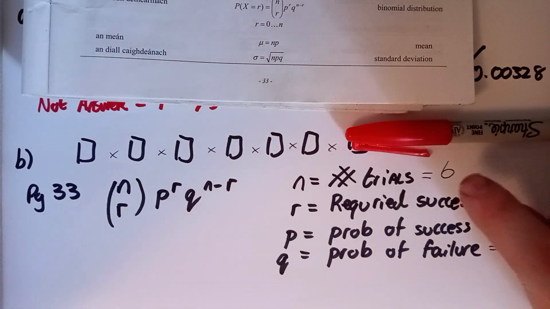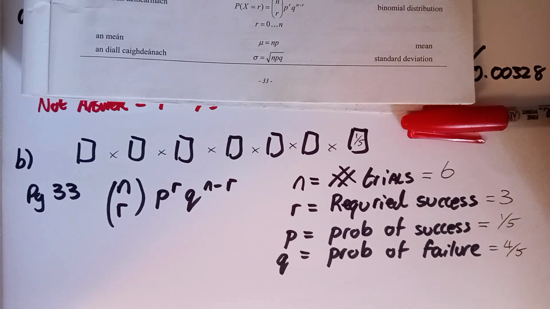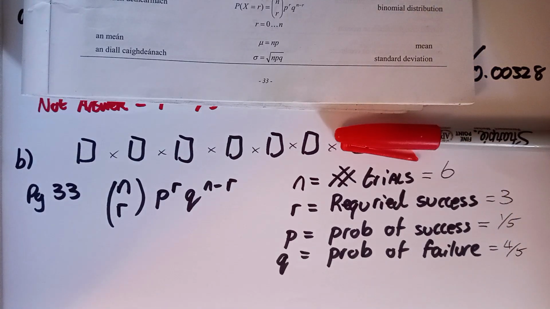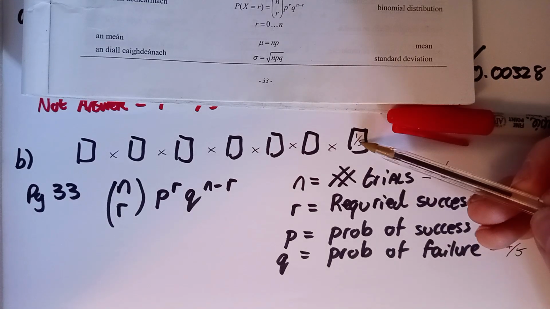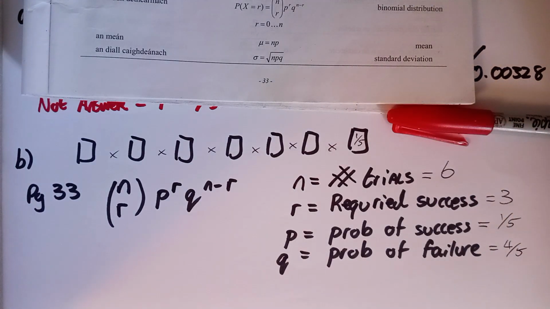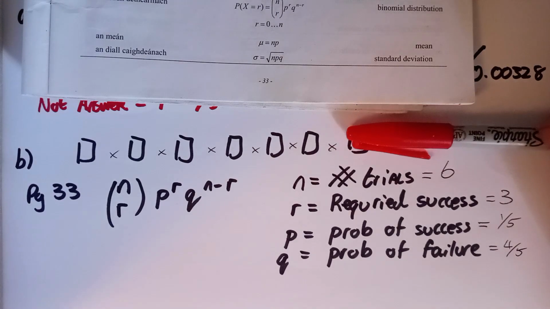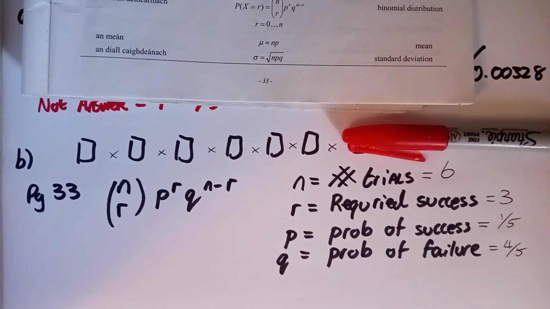The reason it's 6, not 7, is because we've taken one of the place values, as on the 7th day there has to be an answered call. And the reason it's 3 and not 4 is because we've had a success on the 7th day, and we need 4 successes altogether in this question. If you read the question in your own time, you'll see what I mean by 4 successes the 4th time. So we've already had a success on the last day, which means we've only got 3 successes left.